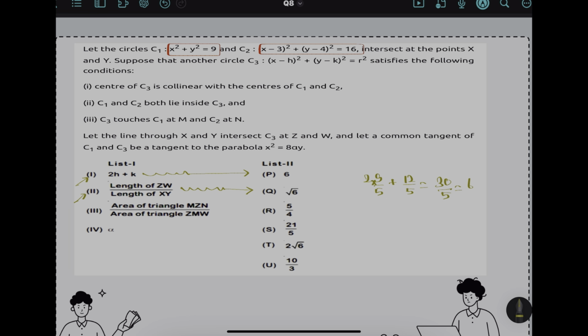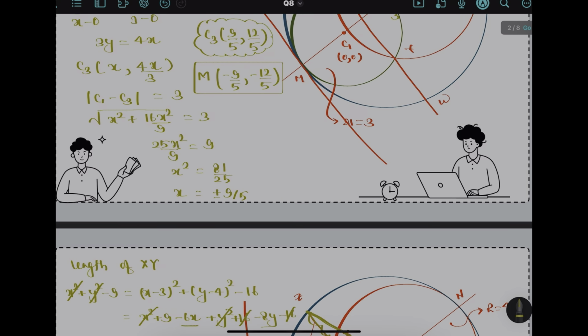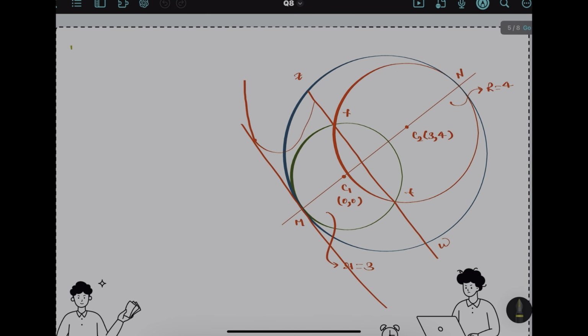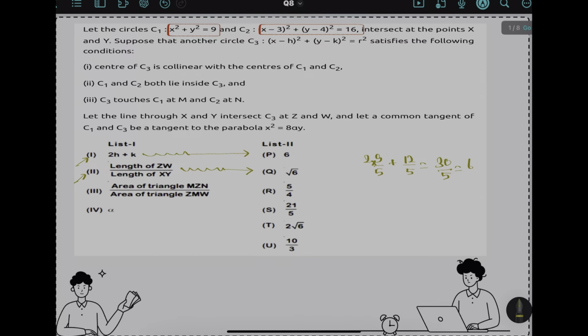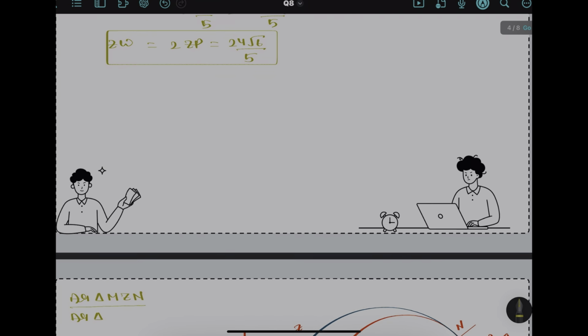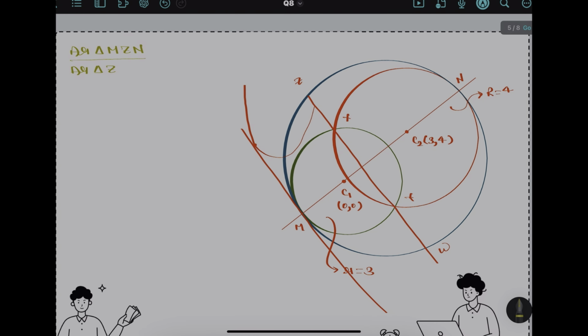Now we are interested in the area of triangle ZMN upon the area of triangle ZMW.